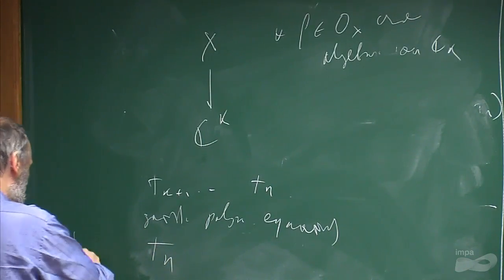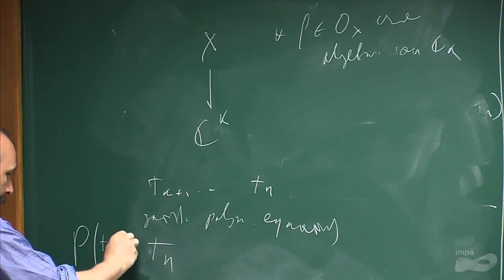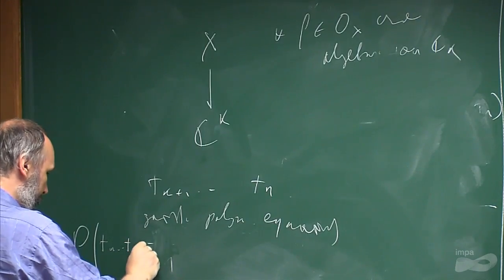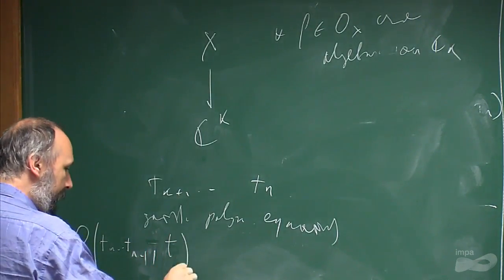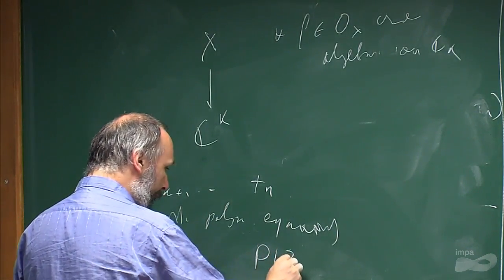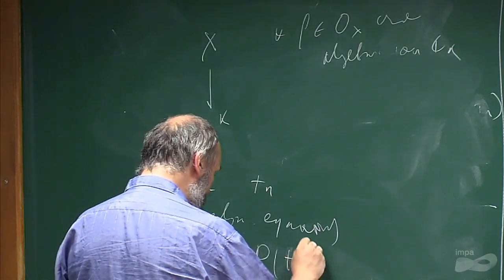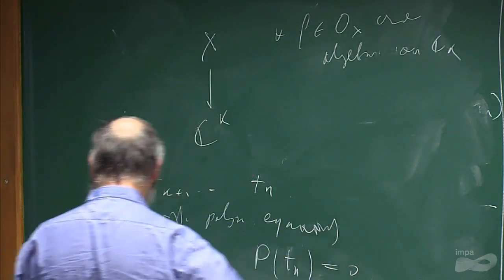There is a polynomial equation P of T1, ..., Tn-1, and then T, such that P of Tn, I plug Tn in the last variable, is equal to 0.